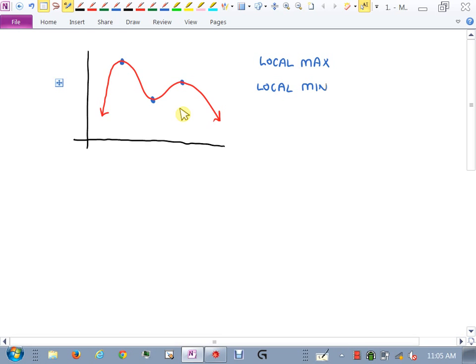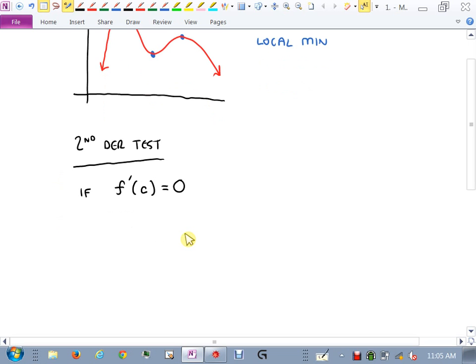The second derivative test says if f prime at some point c equals 0, and f double prime at c is greater than 0, then what was the conclusion?